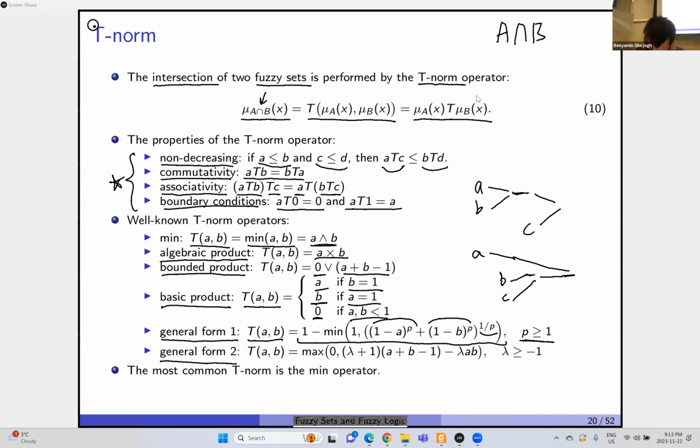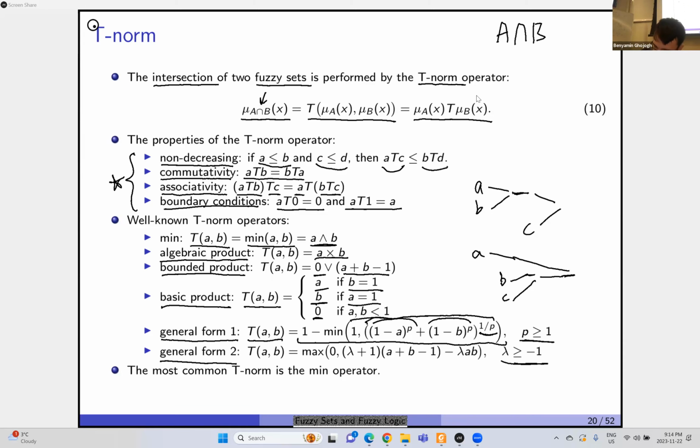Anyways, again, we have to the power 1 over P. The whole thing becomes something, it might go above 1. So for us to cap it between 0 and 1, we take minimum of this and 1. Then 1 minus that. Okay? I know it's a big formula, but it's one of the T norms, general form.